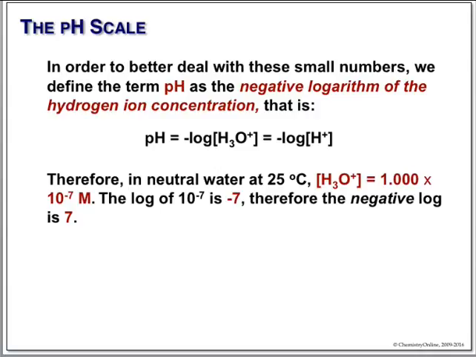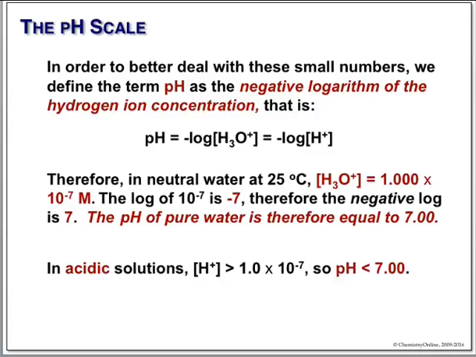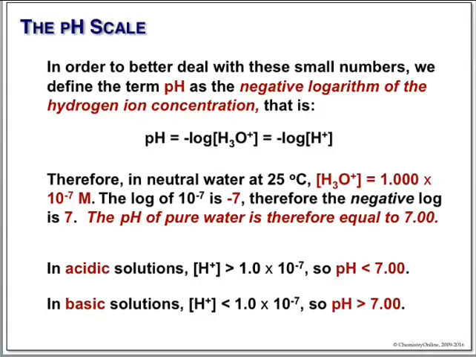Just the exponent. But the equation says we have to multiply it by minus 1. Therefore, the negative log is 7 for pure neutral water. Therefore, the pH of pure water is 7. That's where that comes from.